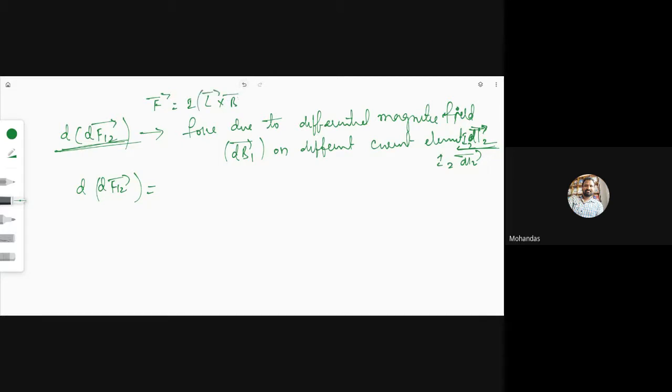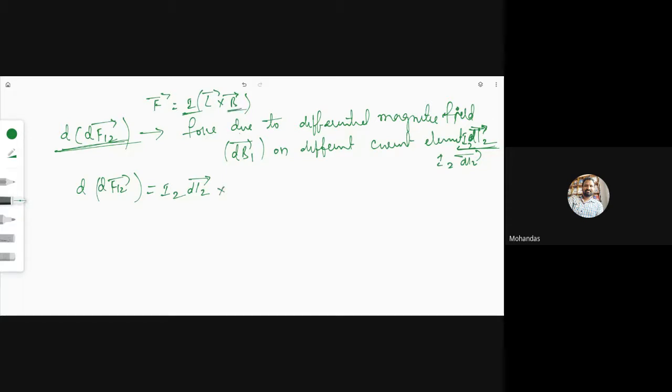You have to take this as reference. What is this I here? What is the current? Current is I2. What is this L2? DL2 cross.